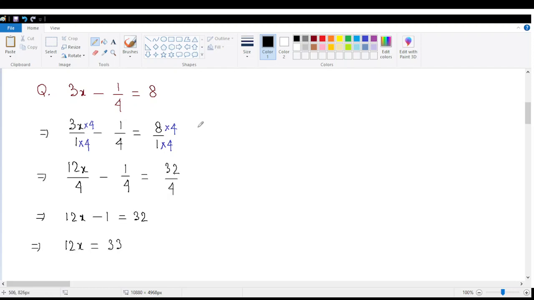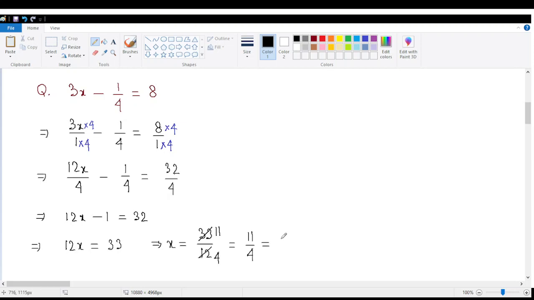Now we have to find the value of x. So x will be equal to 33 over 12. Now this is not the final answer because you can simplify this one. 3 divided by 11 and 3 divided by 4, which is 11 over 4, which you can convert into a mixed fraction.